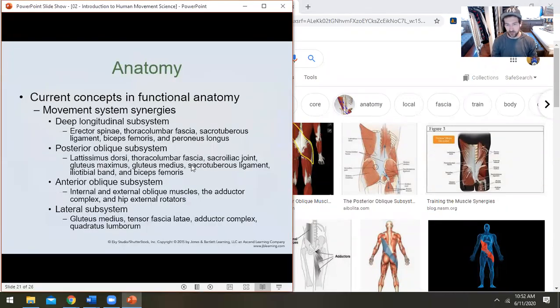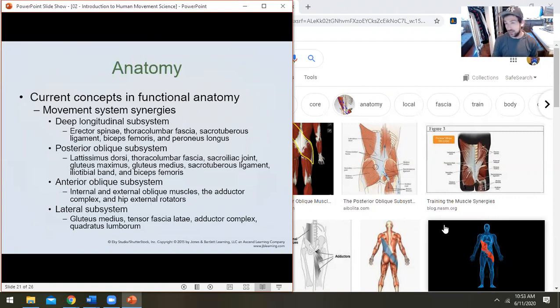Latissimus dorsi, thoracolumbar fascia, right? All this stuff in here. Then you go down to your sacroiliac joint, which is right here. But then you go to your gluteus maximus and medius on the other side. So your deep longitudinal subsystem and posterior oblique system are really similar. They're both back here. One wraps around the side of the body more than the other one does.